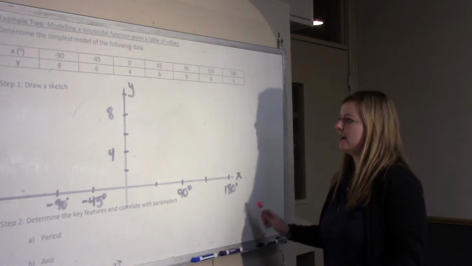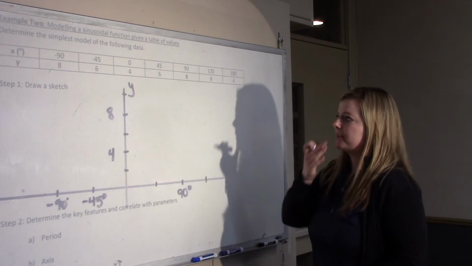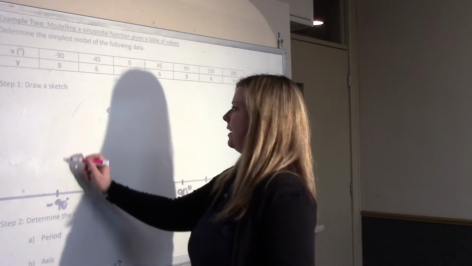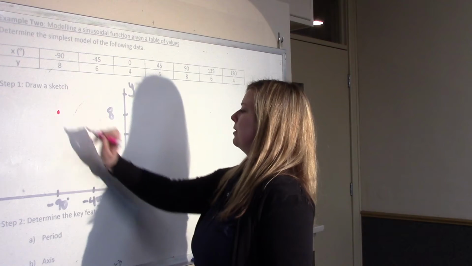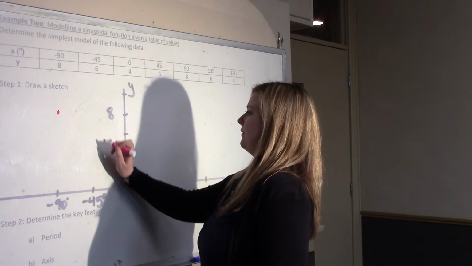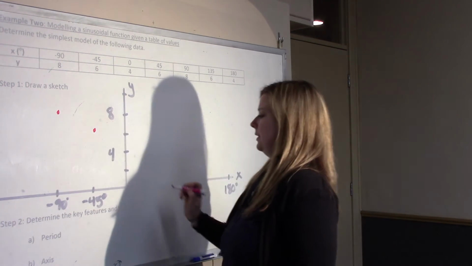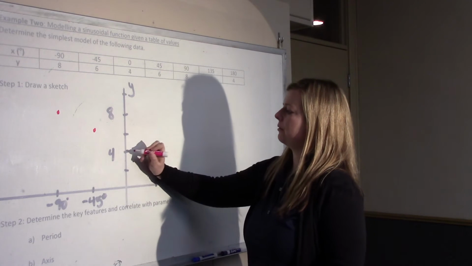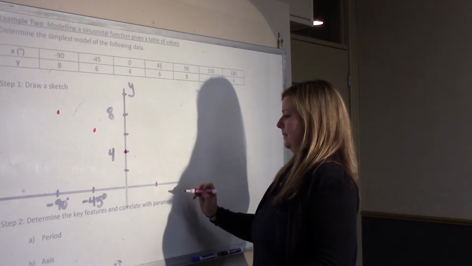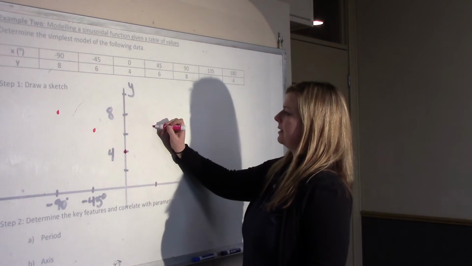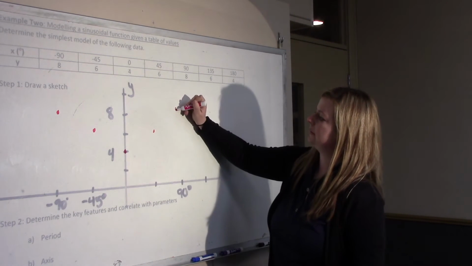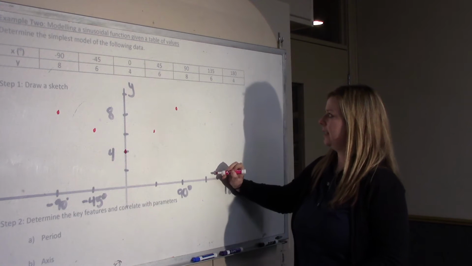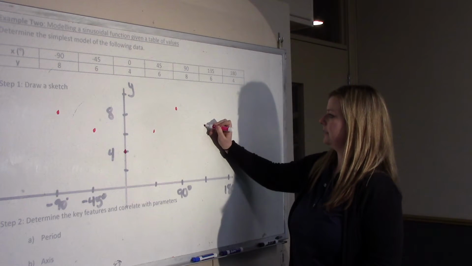Okay, so get that down, and then you just plot your points, right? Minus 90 is at 8. And I won't be totally exact here because I'm not on grid paper. Minus 45 is at 6. 0 is at 4. 45 is back at 6. 90 is at 8. 135 is at 6.